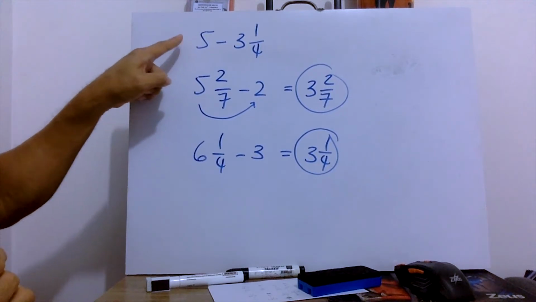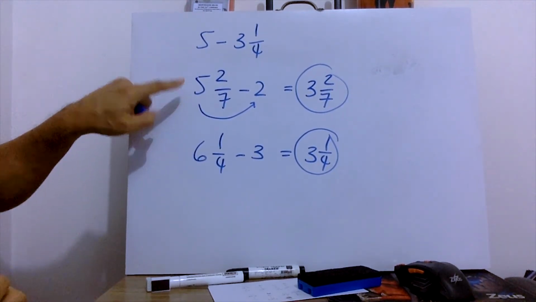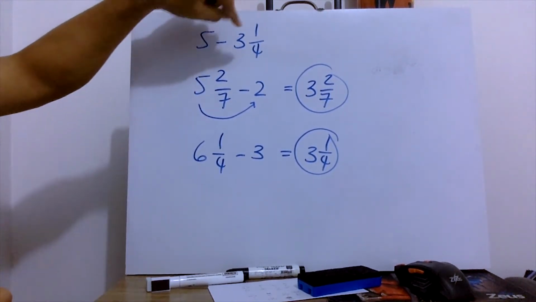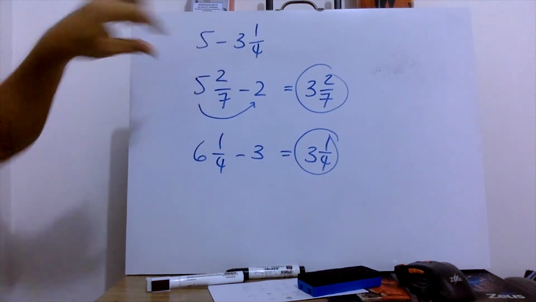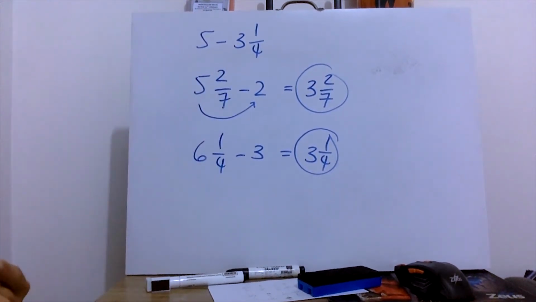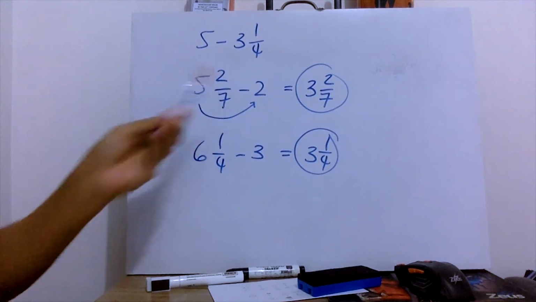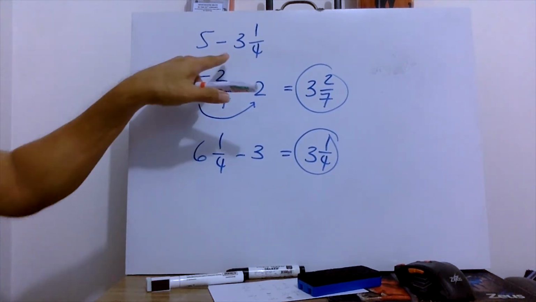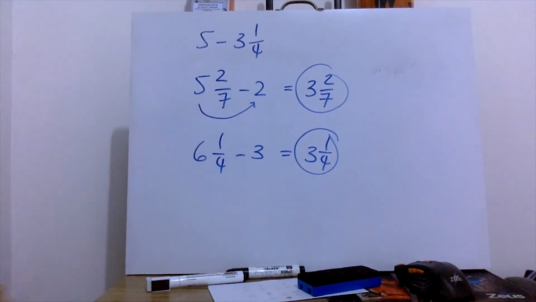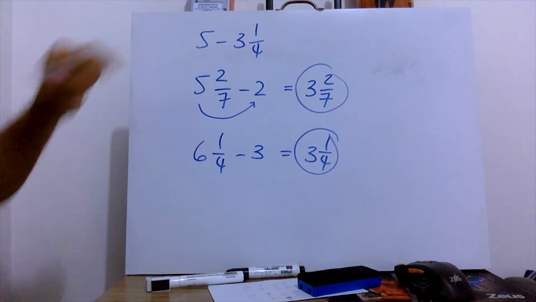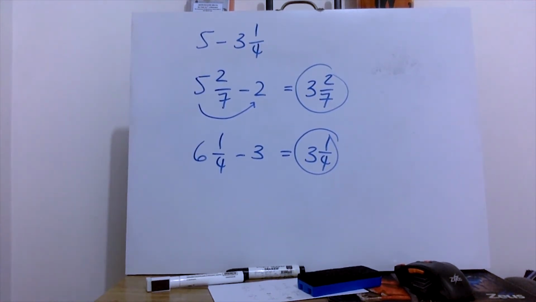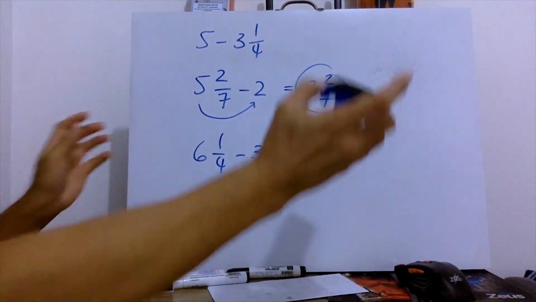This one is very different from this one. Okay, this only happens when the mixed fraction is written before the whole number. Then it's very easy to subtract. But this one, you need to convert this to improper fraction first, and then convert this to fraction also. Okay, so much for that.